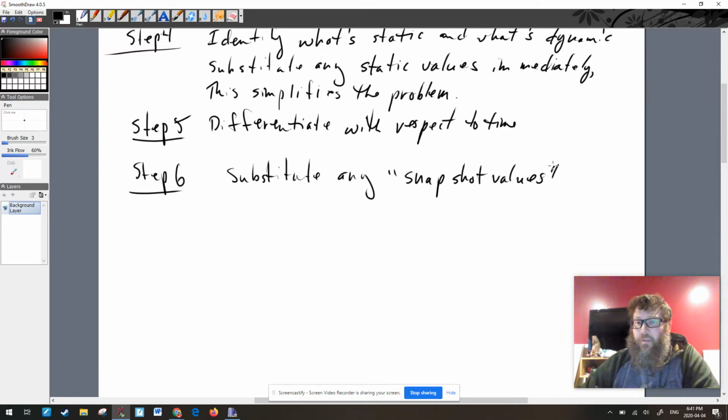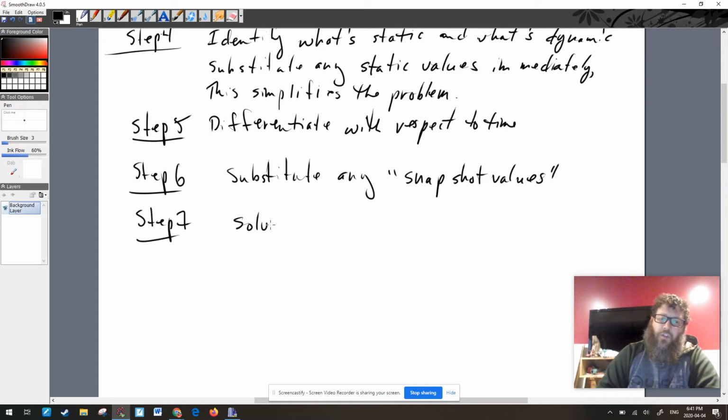That wasn't a static value. It was something that, if the problem progressed, would be different. But because we've differentiated, we're taking a snapshot in time, so we can substitute that snapshot value in. And then step 7 would be, of course, to solve for what we're after. So solve for what we are interested in.